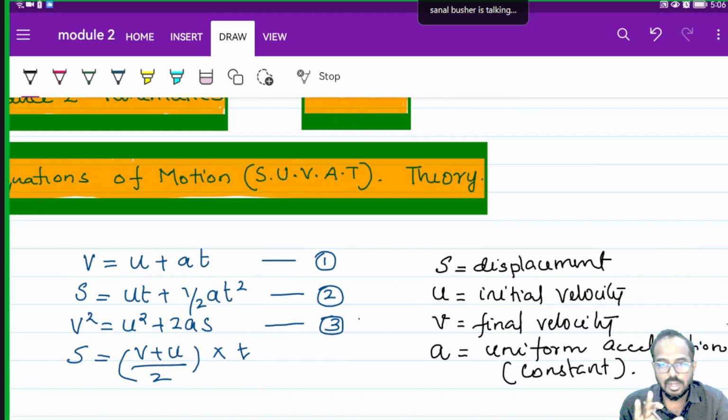These equations are derived with the assumption that the acceleration is constant. So you need to make sure that the question states uniform acceleration, then you can apply these three equations.